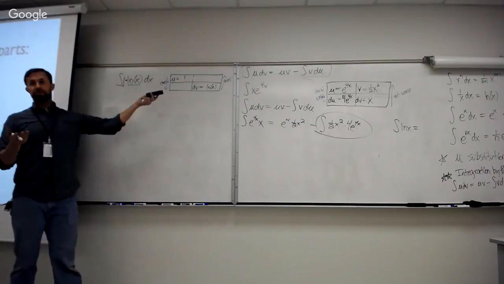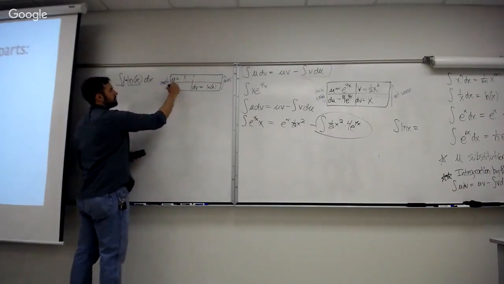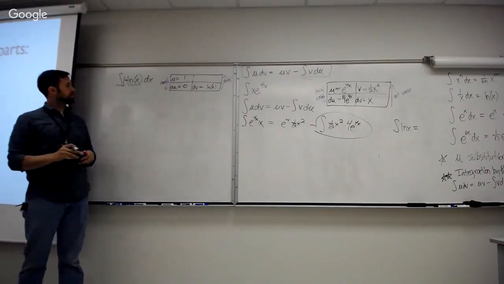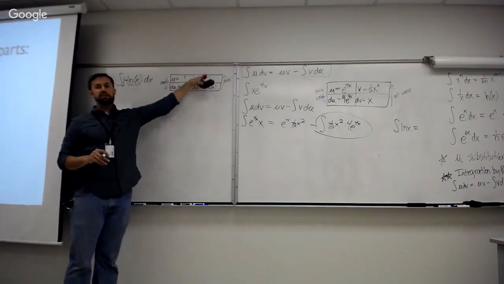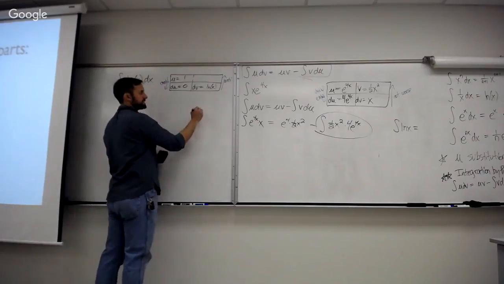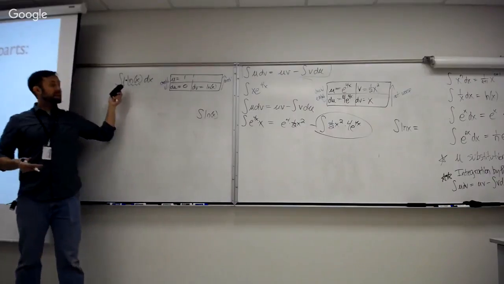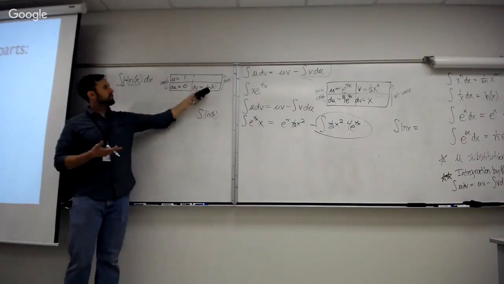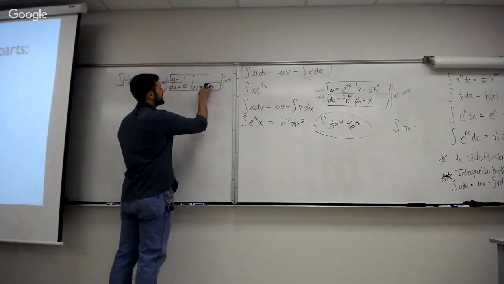Let's try this one first. What's the derivative of 1? 0. Well, that's nice, that's very simple. But what's the antiderivative of natural log of x? Remember, the antiderivative means integral. What's the integral of natural log of x? We have no idea. That's what we're trying to solve in the first place. So that can't be our choice because we have no idea how to do it.